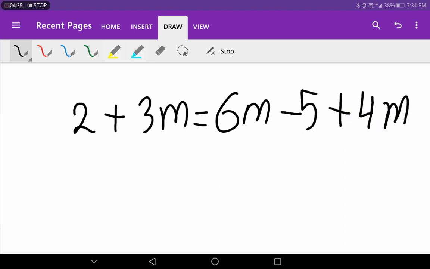If we have one like this, what do we have to do? The first step, we determine the left side. The left side is here, and the right side is here.